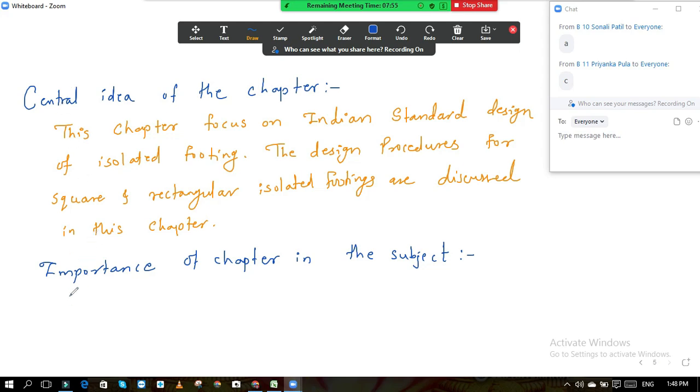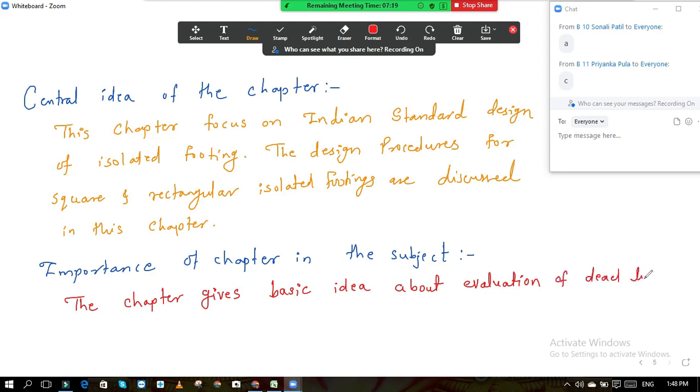The chapter gives basic idea about evaluation of dead load, then live load, soil forces, soil pressure, okay, acting on footing.